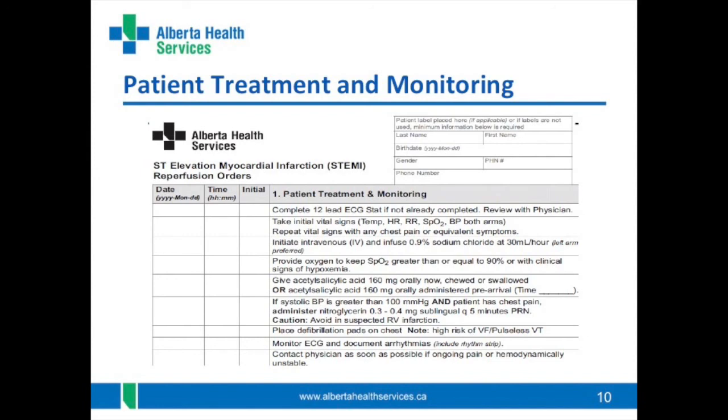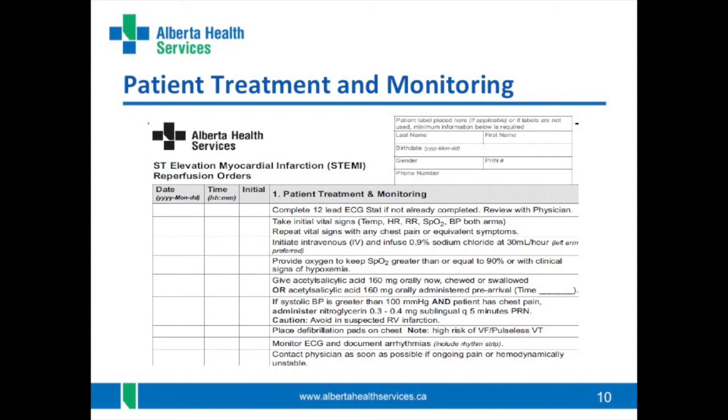And so the next section walks you through taking the initial vital signs. We also mentioned an intravenous saline access. The most salient point on this first page is the oxygen levels.